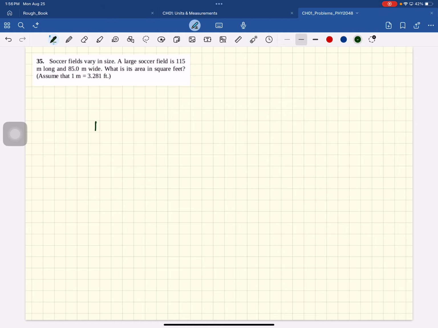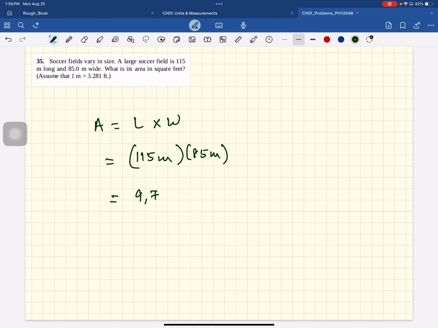Okay, so area is length times width, in meter square, except that they want it in feet square.